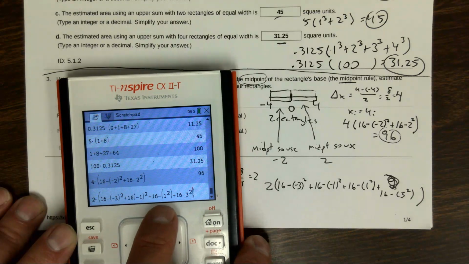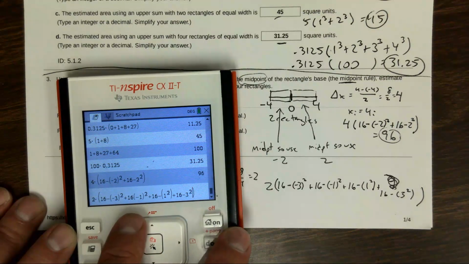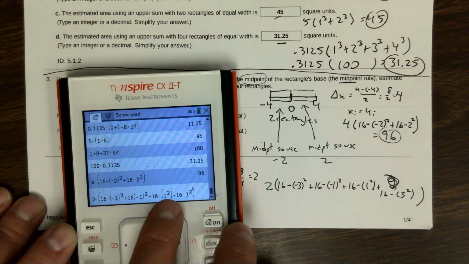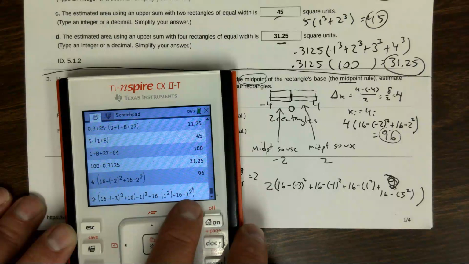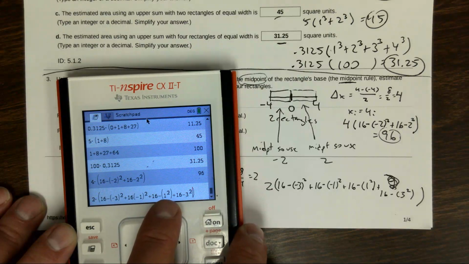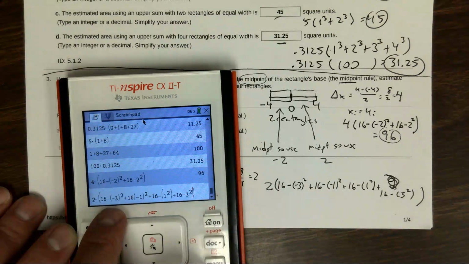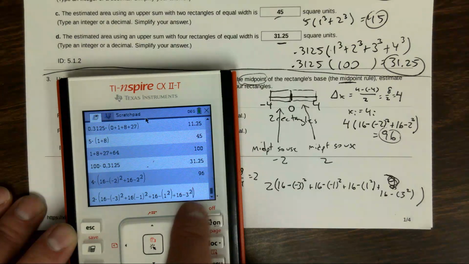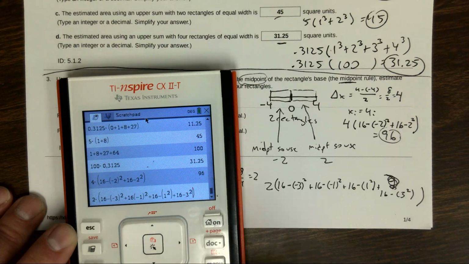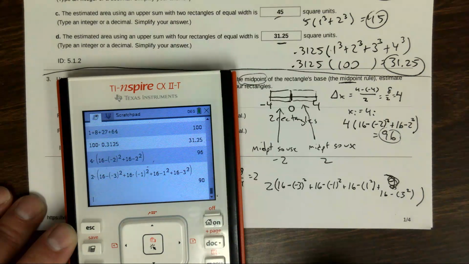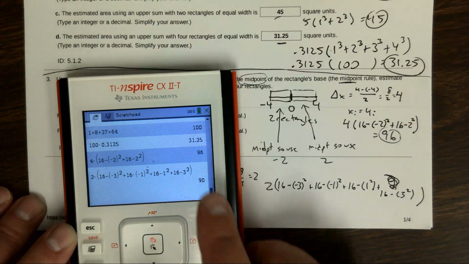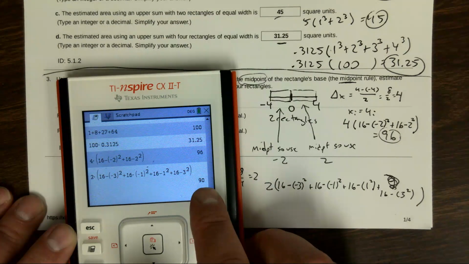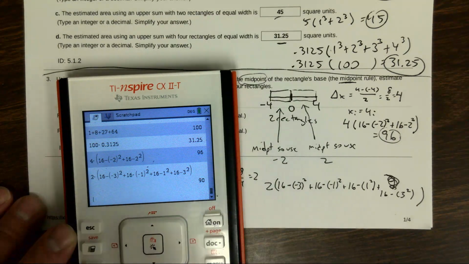Now, you notice that when we're not squaring a negative, it doesn't really matter if you use the parentheses or not, or where the parentheses is. It does matter for the front. It doesn't really matter for the back because they're positive. And so when I press enter, it gives me 90. What did I do wrong?